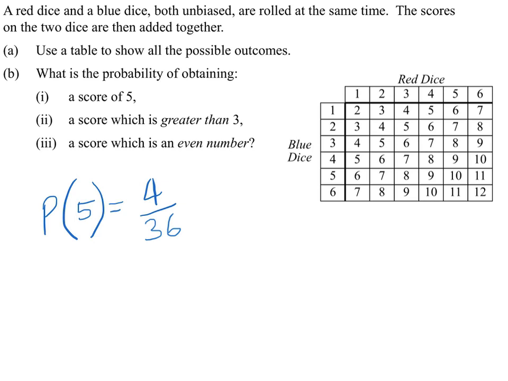The probability of getting a 5 is 4 out of 36, which can be simplified. They're both in the 4 times table, so you can divide each of them by 4 to get 1/9.